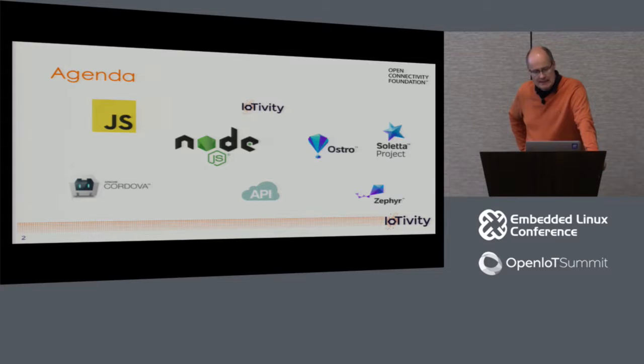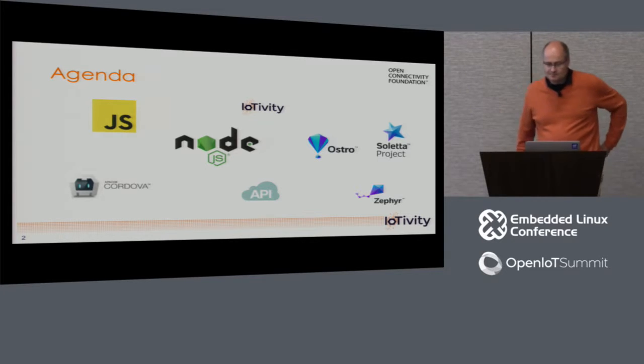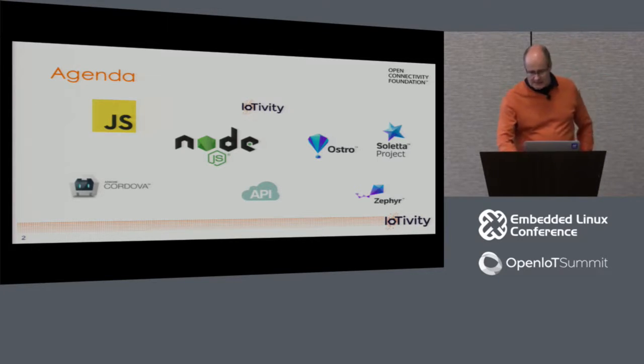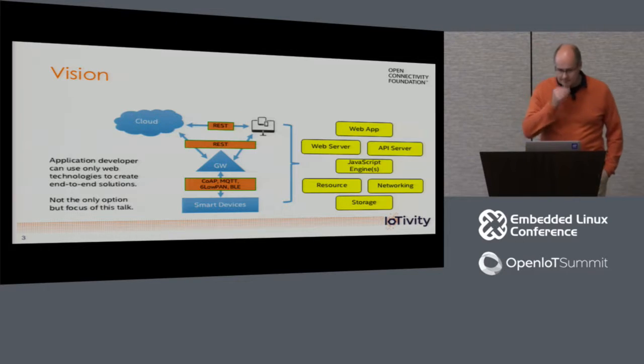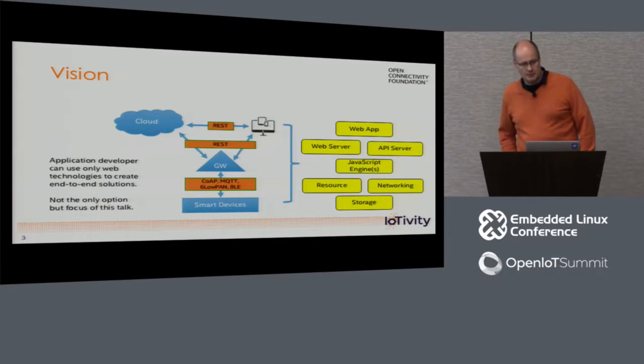And then at the end, we'll talk about several new projects where we have integrated or plan to integrate this solution, mainly Ostro, Zephyr, and then a little bit about the Soletta project. So with that, I'll start with the vision of why we are doing this.